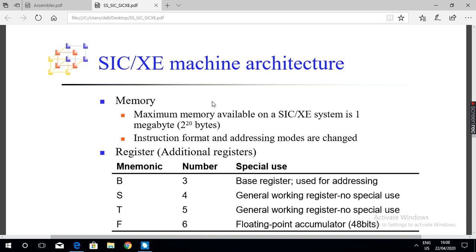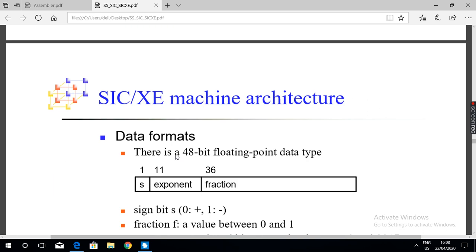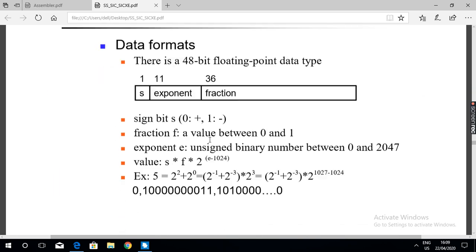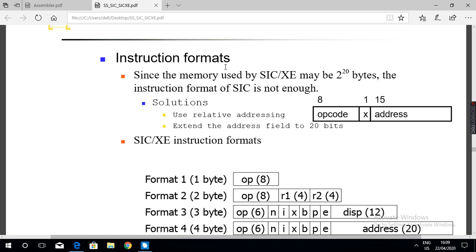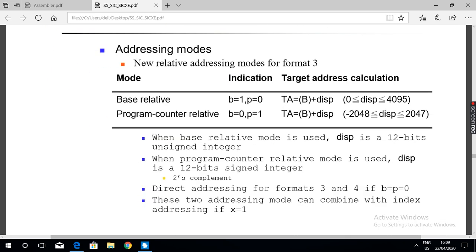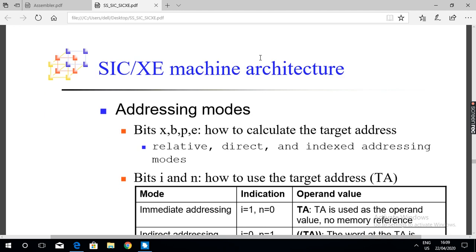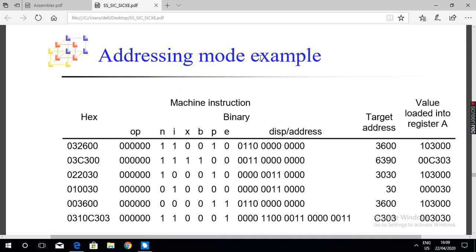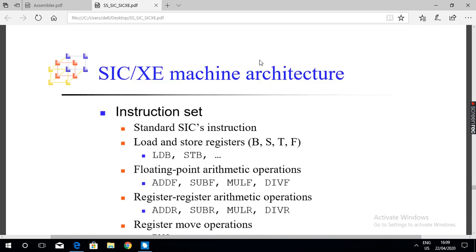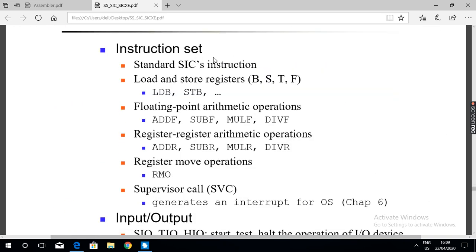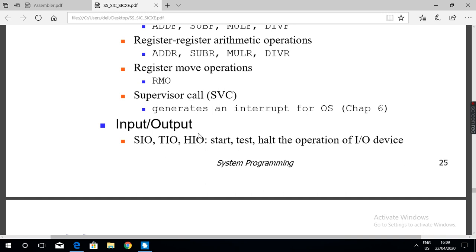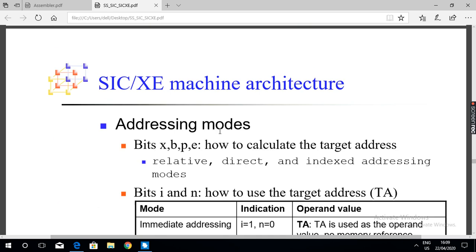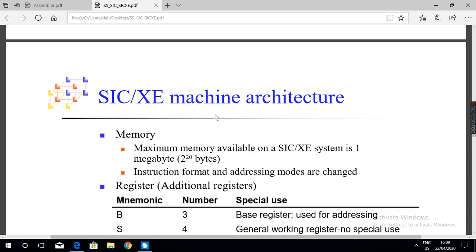The first is memory, the second is register, the third is data formats, the fourth is instruction formats, the fifth is addressing modes, the sixth is instruction set, and the seventh is input and output. These are the 7 components of SIC/XE.